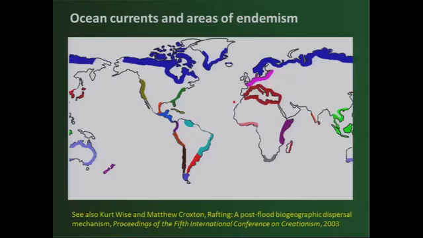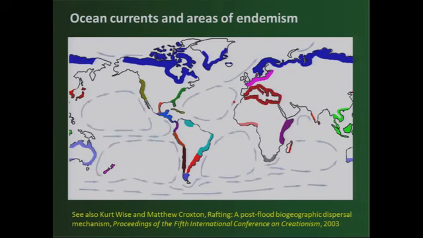And the areas of endemism we see today correspond to the landing places of these rafts. Interestingly, researchers at Bryan College in Tennessee show that the intersections of ocean currents with the continents tend to coincide with these areas of endemism.